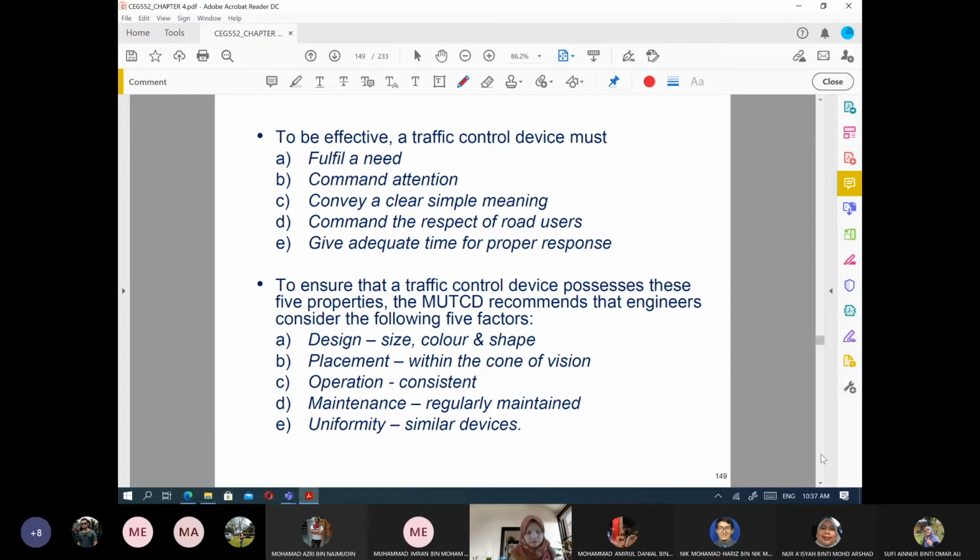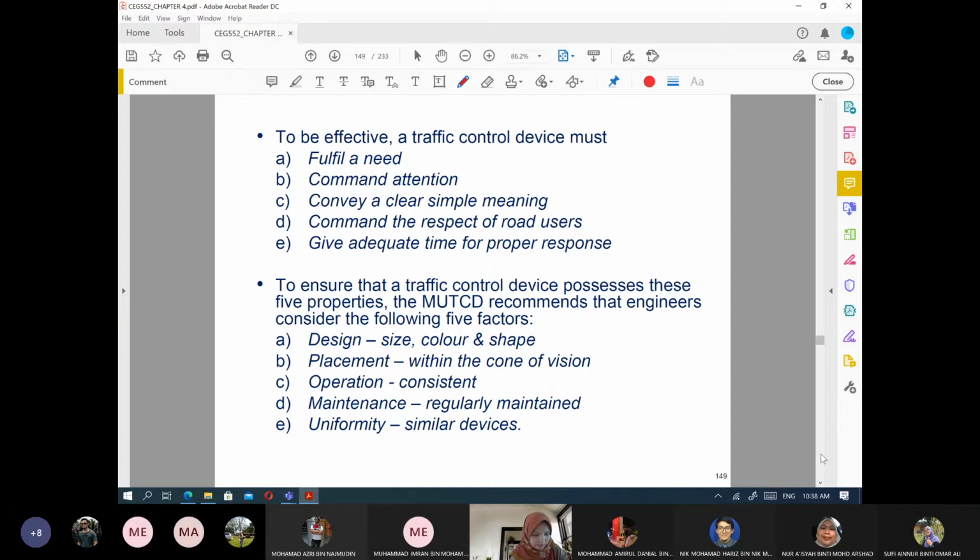Yeah, rather than control green time saja, you kena tengok effective green time yang betul-betul digunakan. Okay, so that is something to do with to give adequate time for proper response. Okay, ada setengah orang lepas lampu hijau, waktu lampu kuning dia masih jalan. Ya, mungkin sebab dia tak sempat nak jalan tadi, itulah ada masalah tu. Okay, so those kind of thing must be considered in order to design this traffic light.